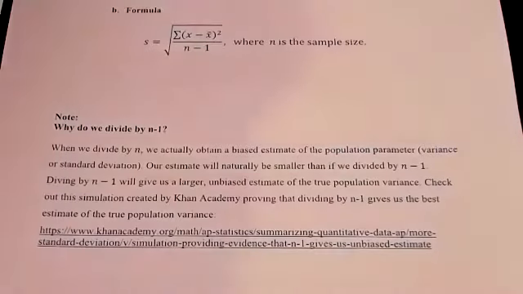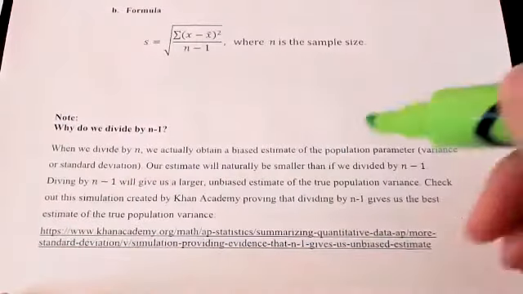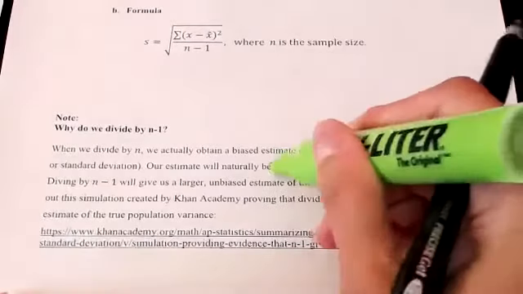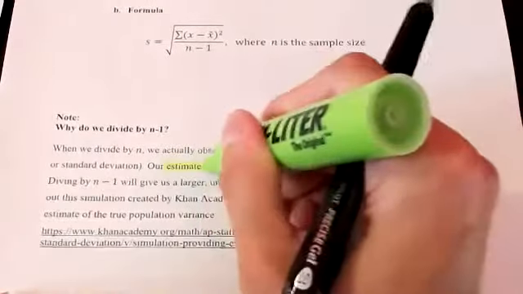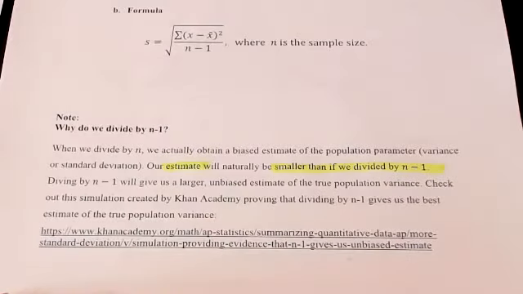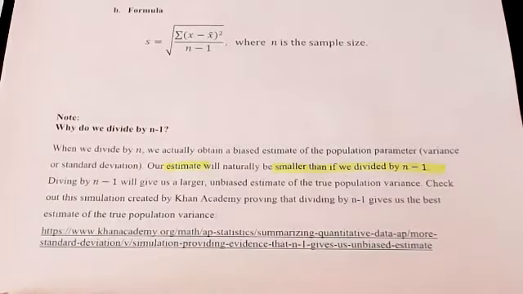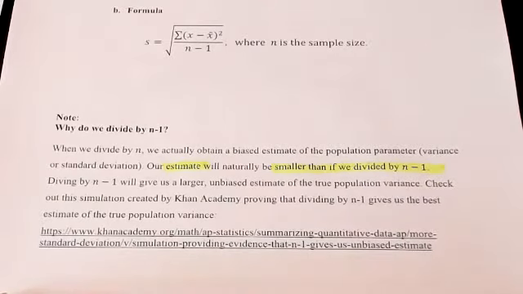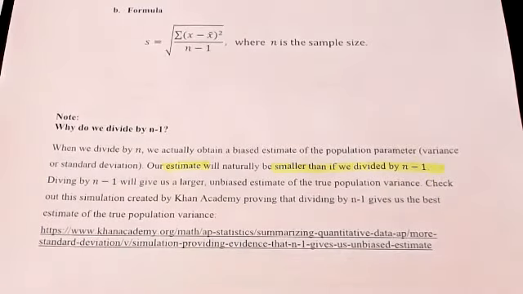Our estimate will naturally be smaller than if we divide by n minus 1. Dividing by n minus 1 will give us a larger, unbiased estimate of the true population variance. Check out this simulation created by Khan Academy, proving that dividing by n minus 1 gives us the best estimate of the true population variance. Perfect. Thank you so much.